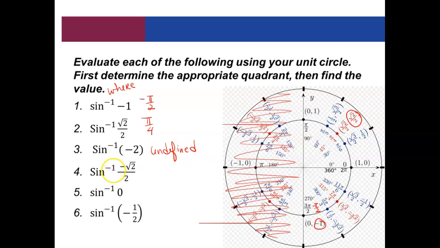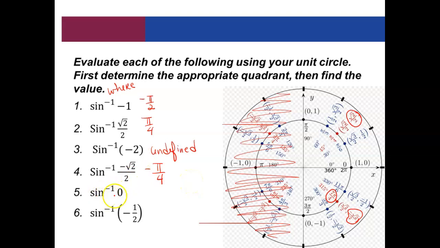Okay, next for number 4, where is sine negative square root of 2 over 2? Sine is negative in the fourth quadrant, so I'm looking down here. It's negative square root of 2 over 2 for the sine function here. I'm looking at 7 pi over 4, but in the fourth quadrant I don't want to write it as 7 pi over 4. I want to write it as negative pi over 4.